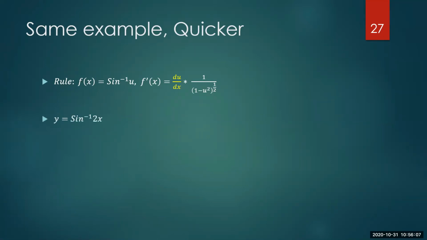And so we're now looking at y is the arc sine of 2x. And so f dash of x, we can just write this down straight away. We can see straight away that u is equal to 2x. So the du dx is equal to 2. And then you just substitute, you put in 2x for u here, and you get 1 over 1 minus u squared all to the power of a half.